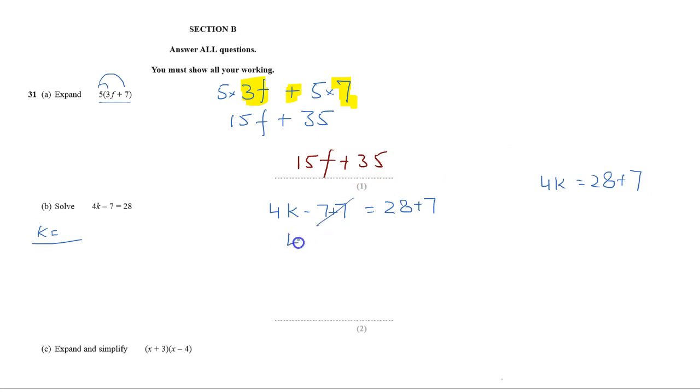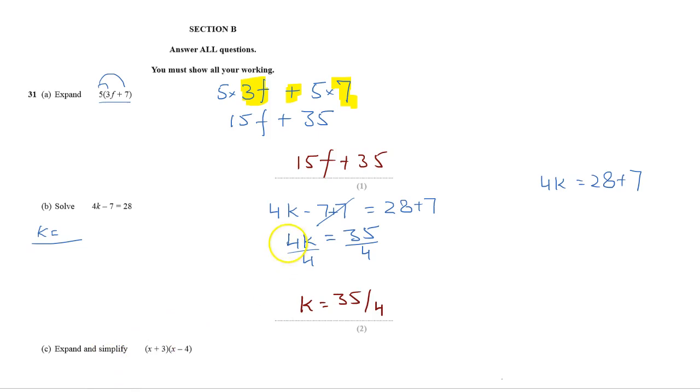This cancels, so 4k is equal to 35. Divide both sides by 4. So k is 35 over 4. That is the answer.